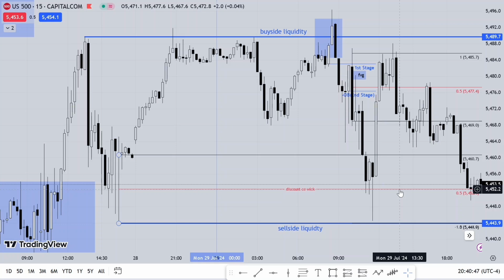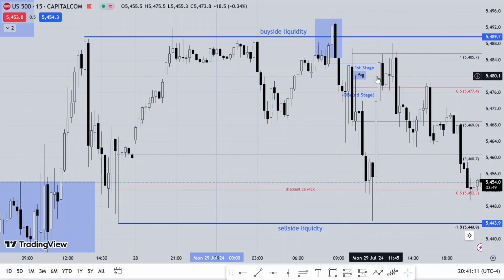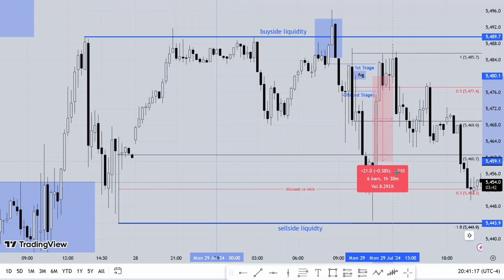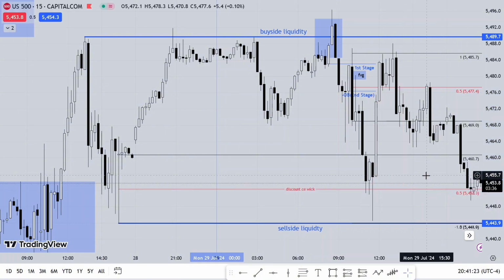This is about 28 handles, risking 5 handles. If you're risking about 5 to 6 handles, getting 28 handles, this is okay, this is fair. It's about 1 to 5 risk reward ratio.